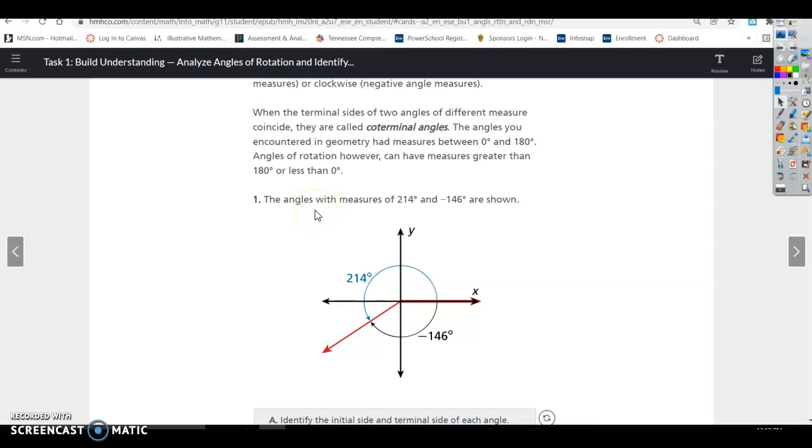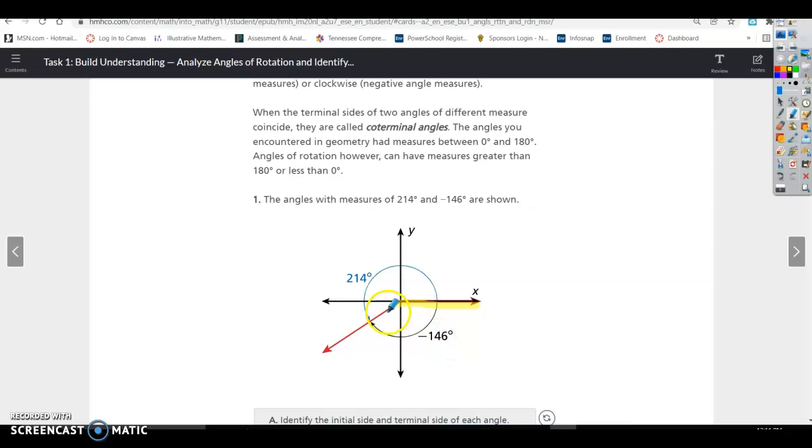All right, so it says the angles with measures of 214 degrees and negative 146 are shown. So again, this is called the initial side, and this is the terminal side. And you can see the line in blue rotates counterclockwise, so it's a positive 214 degrees. This one's going to rotate clockwise, which is backwards from your quadrants, so it's negative 146.